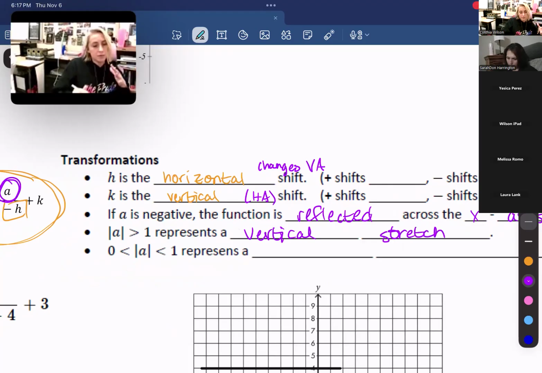If it was less than 1, it'd be a vertical compression. Not super vital to this particular stuff. This assignment focuses primarily on your vertical asymptotes, horizontal asymptotes, and x-intercepts.